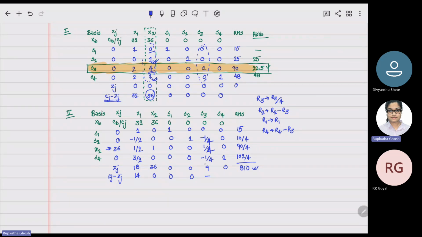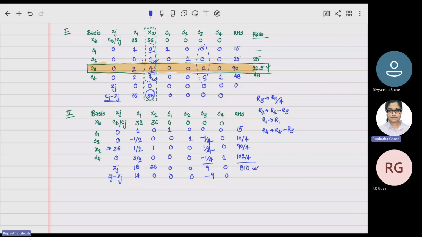Okay, this one you're saying? Yes. Would it be minus 1 by 4? No, it is 0 minus 1 by 4 here. So that is minus 1 by 4. Okay, so I might have used a different operation then. Okay, yeah, this is fine. This is minus 9, 0. Okay. I got confused for a second.